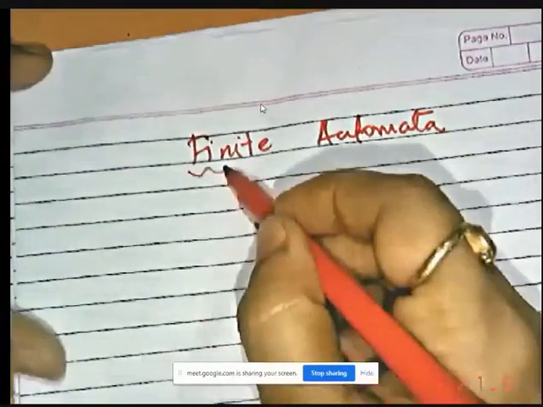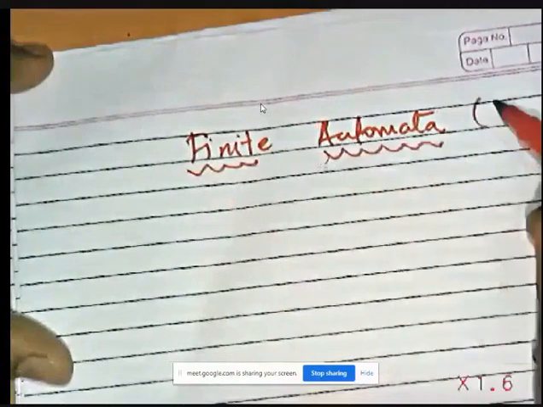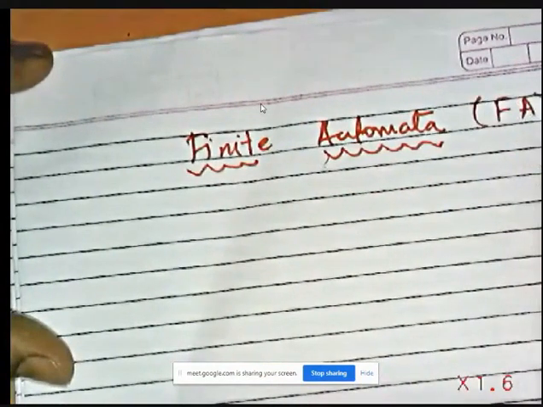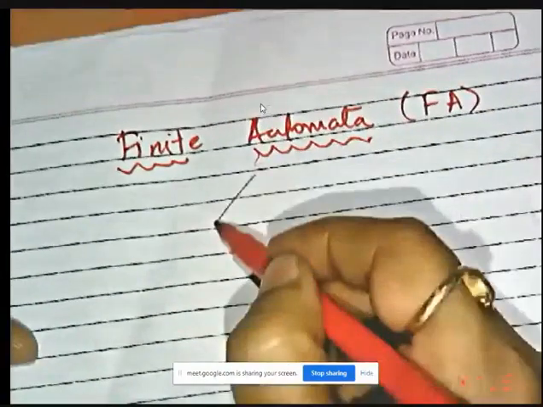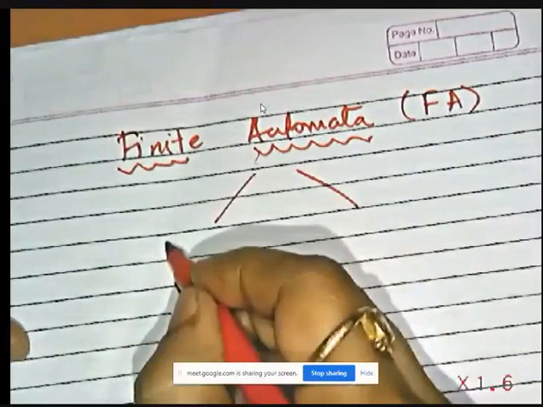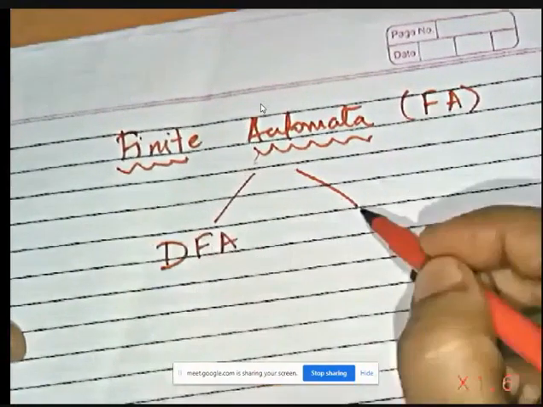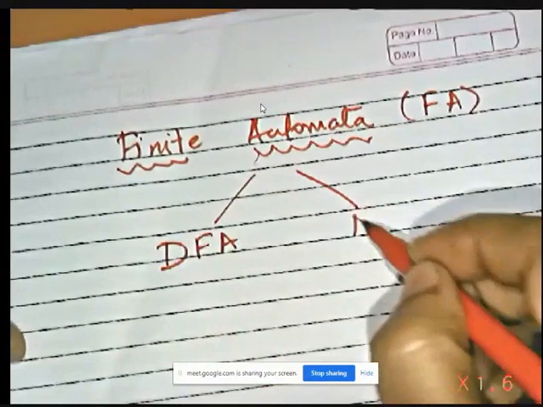So finite automata is represented by FA in short. Finite automata are of two types: one is DFA and another is NFA.